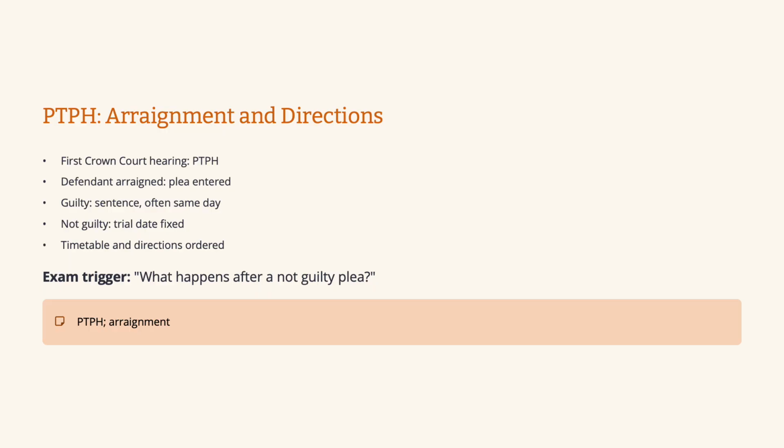Failure to comply has consequences: sanctions, wasted costs orders, or adverse inferences at trial. So in exam, they can ask what happens after a not guilty plea at the PTPH. That's a trial date is fixed and detailed directions are given setting out the timetable to trial.